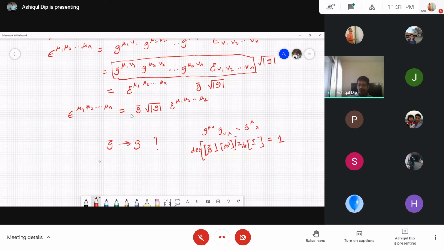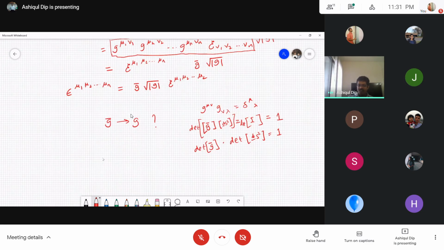And so you get the determinant of the matrix of G bar times the determinant of the matrix of ds square equals 1. And by definition, the determinant of G bar is just G bar. Actually, no, let's not write G bar, because we are considering G bar as a tensor. Let's call it G star.